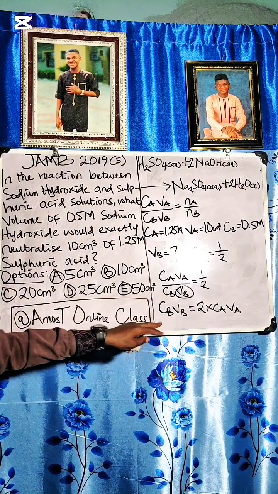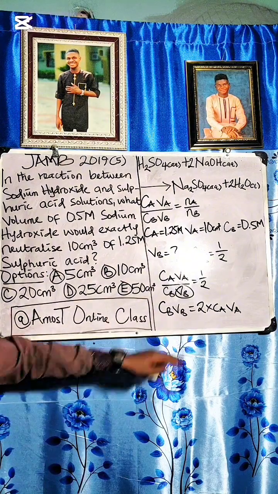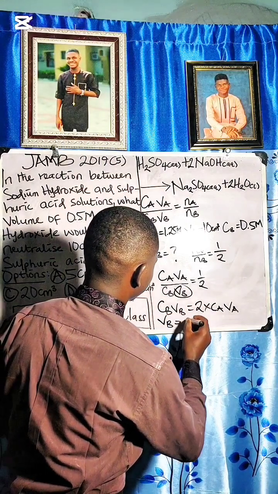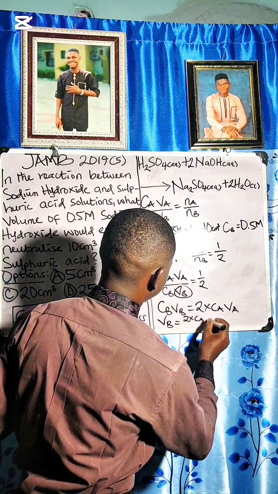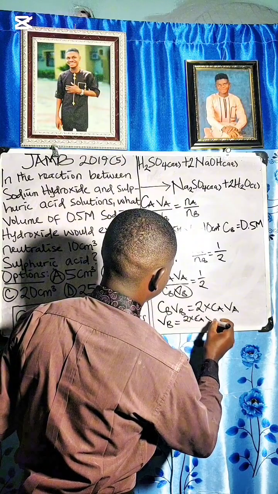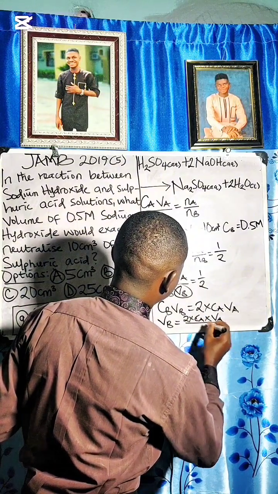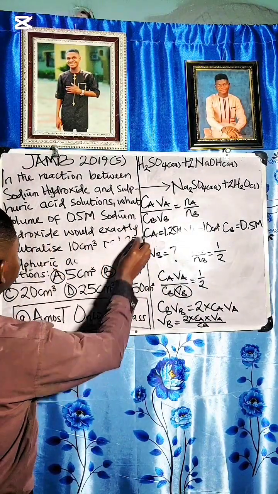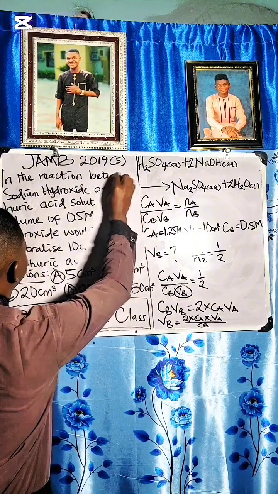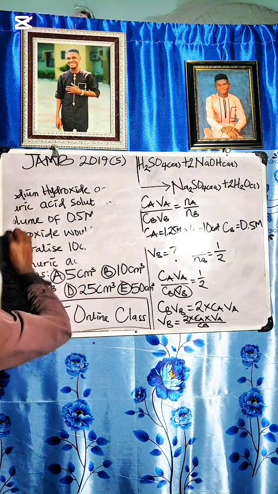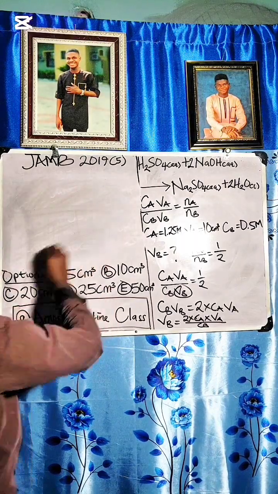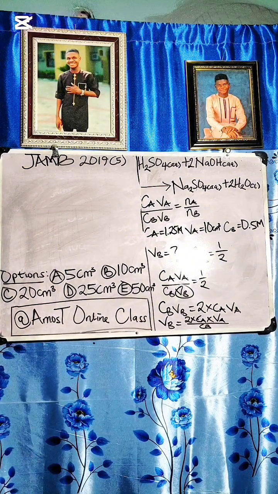Once we divide this side by CB, CB will cancel CB, and we'll be left with VB. So our VB is equal to 2 times CA times VA divided by CB, and that is it.